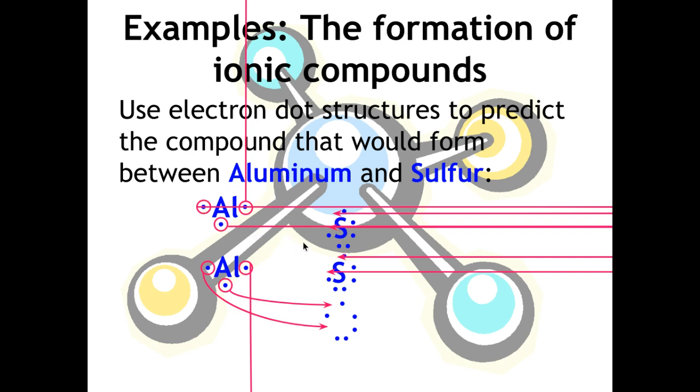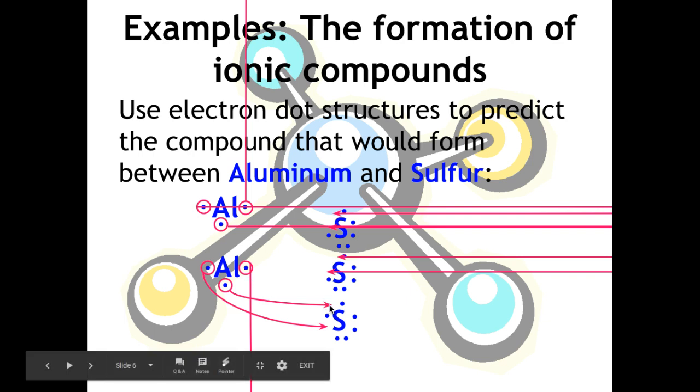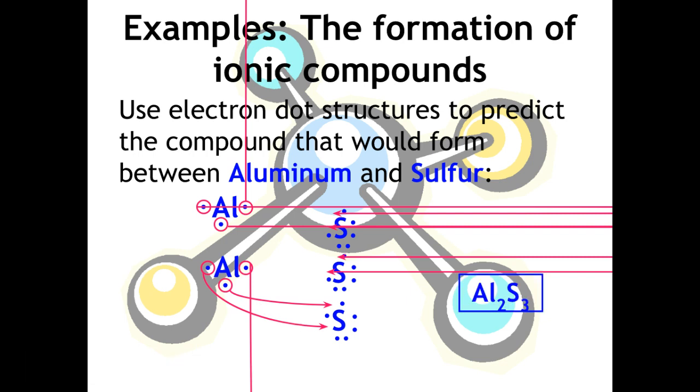This electron can go up here. This electron can go right there, and it leaves us 2 more electrons on this aluminum atom. This electron can go there, and this electron can bond here. Again, write the metal first. So aluminum 2, sulfur 3, also known as aluminum sulfide.